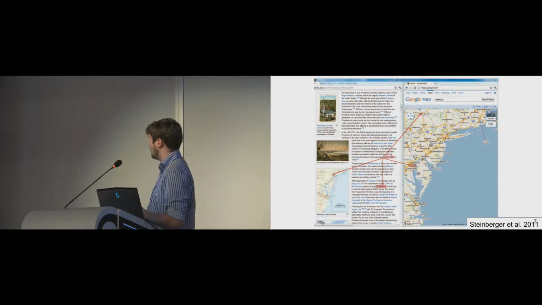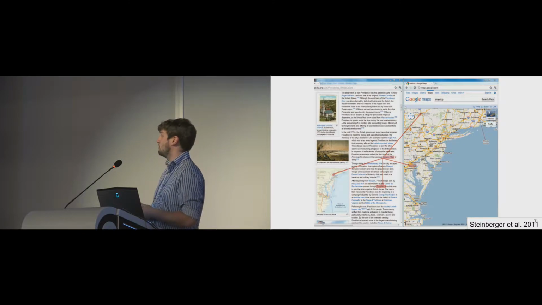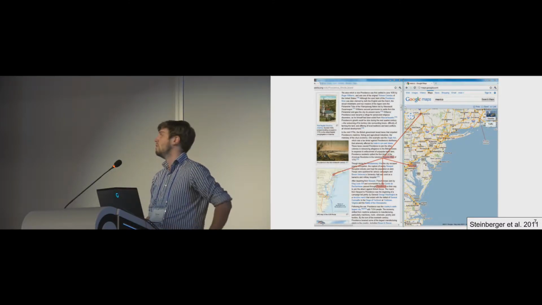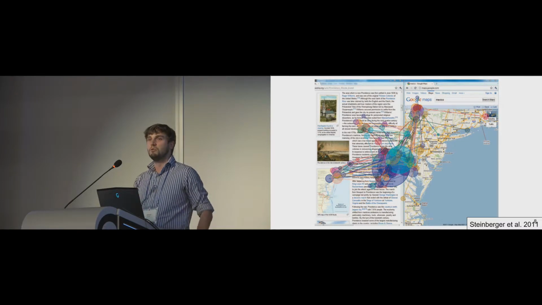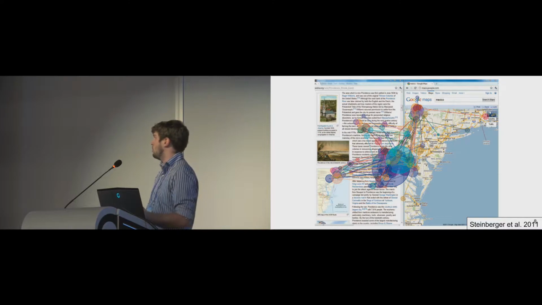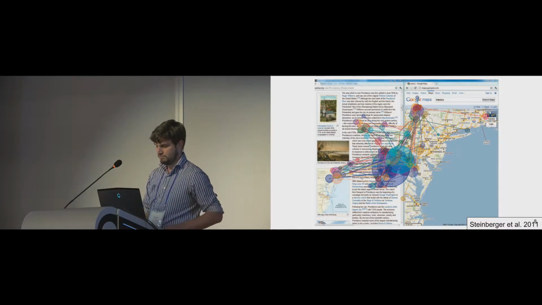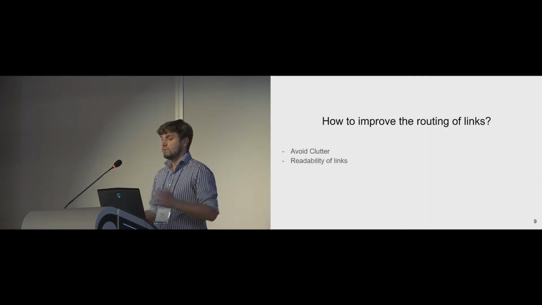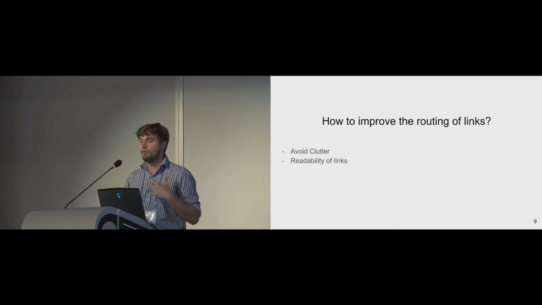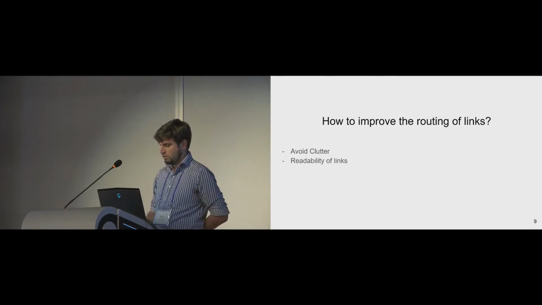As you can see in this example, it's very clear which elements are linked between each other, but it can get a bit more cluttered if you have a lot of them at the same time. So it gets cluttered, it's hard to follow one link, and it actually can cover important content. So researchers asked this question: how to use the routing of the links to actually avoid clutter and improve the readability of the links?